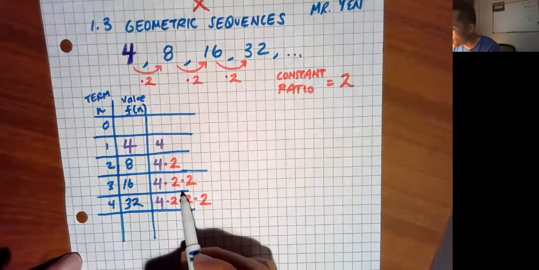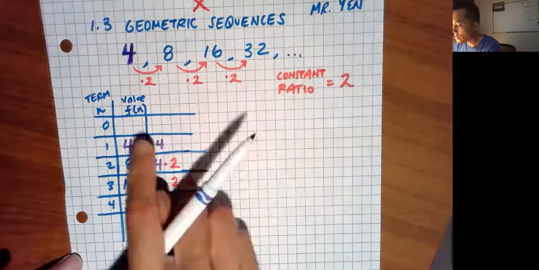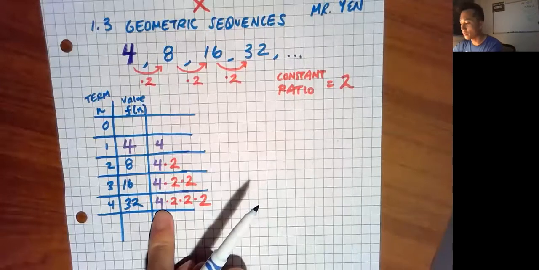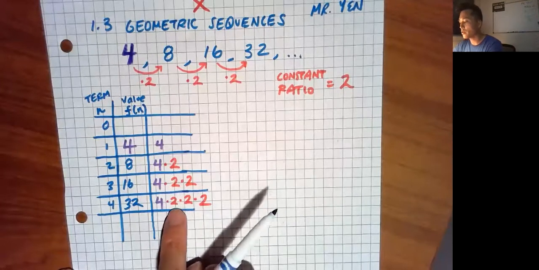Notice that each of these numbers started with the same number, 4, and then multiply by the constant ratio a certain number of times.